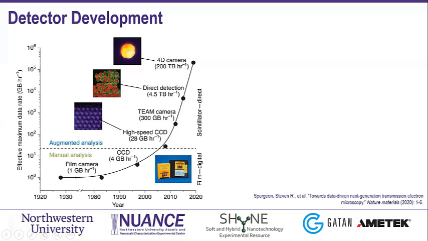Using film cameras, you basically collect 1 gigabyte per hour at most. On top of that, you have to learn a new skill, how to develop those films, right? With the CCD, there was already an increase of about 4 times in data collection, and then it really exploded after the introduction of direct detectors and high-speed cameras here.